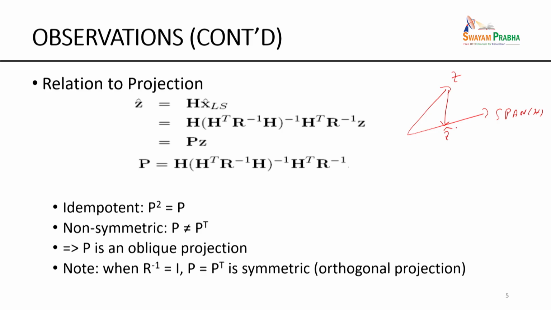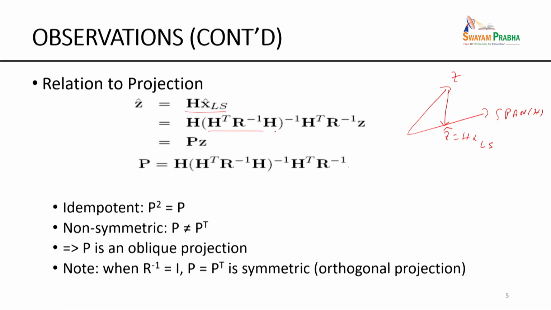This is Z hat. Z hat is a vector along the span. So Z hat must be equal to H of x LS.